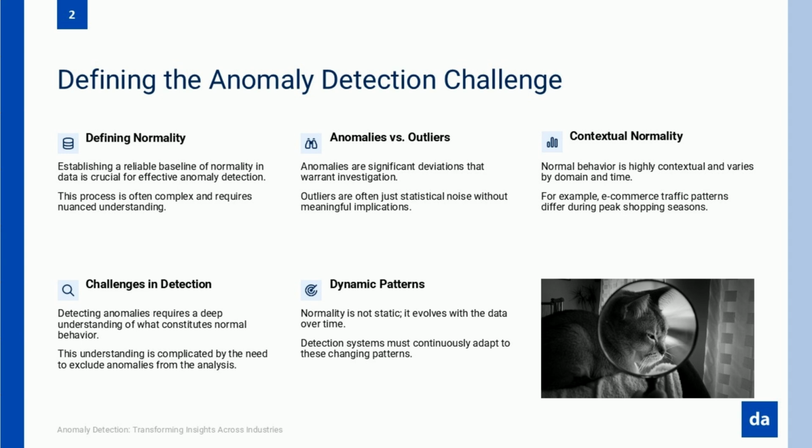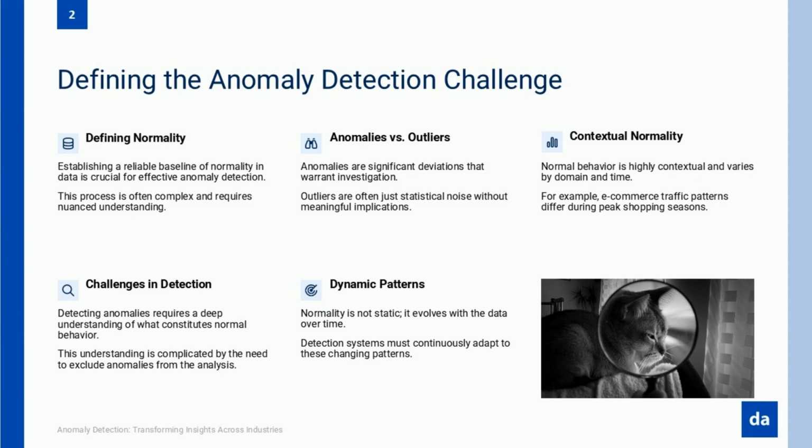Even more challenging, these patterns themselves can change. A restaurant that introduces a popular new weekend brunch might see its weekly pattern shift dramatically. Is this new pattern an anomaly or a new normal? The answer depends entirely on context that pure statistical methods might miss.